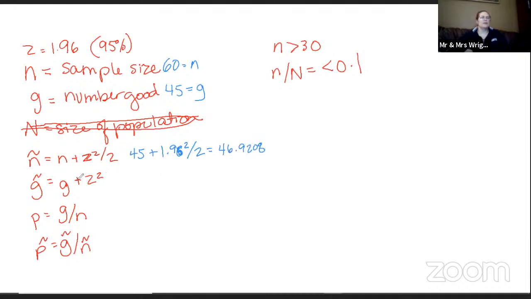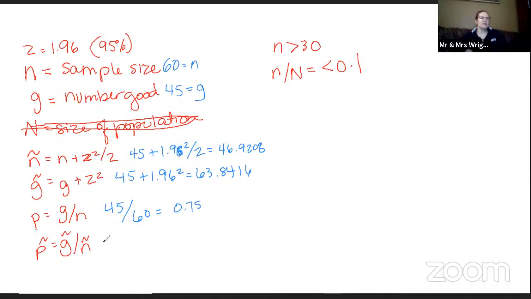Then for adjusted G, we have 45 plus z squared, 45 plus 1.96 squared, and that comes out to 63.8416. And then P is just G divided by n, and our G was 45. So 45 divided by our n, which was 60, comes out to be 0.75.